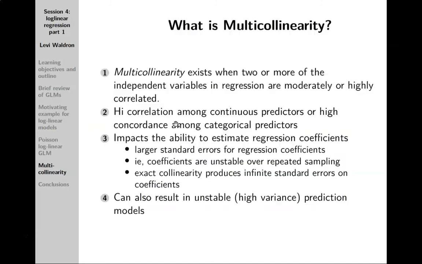So I'm going to talk a bit now about multicollinearity, which is something to be aware of for all kinds of regression. And it exists when two or more of the independent variables in your regression model are moderately or highly correlated. This can be high correlation among continuous predictors or high concordance among categorical predictors.